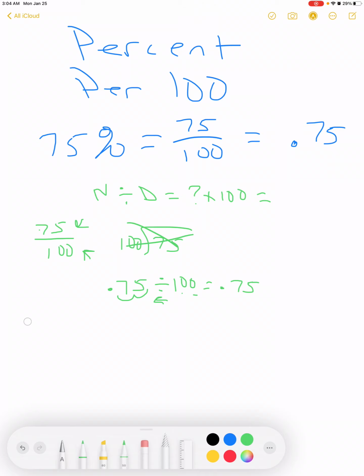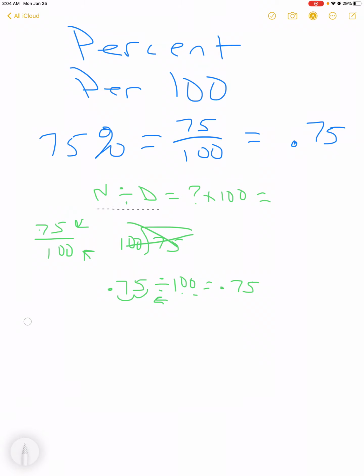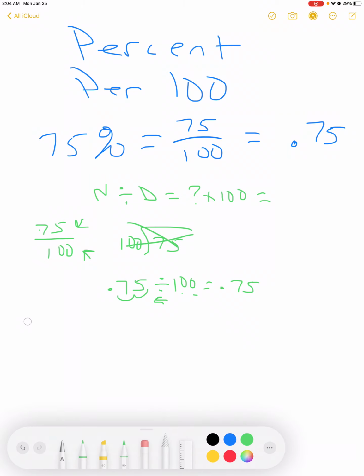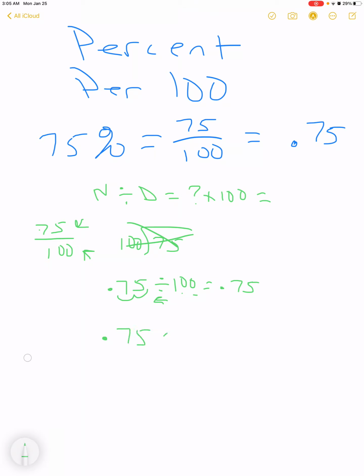So for the standard algorithm, we've already completed the numerator divided by the denominator. We have our answer. All we do is multiply it by 100. Now we have our 0.75 times 100. Two place values, because we have 2 zeros in our base 10 number.